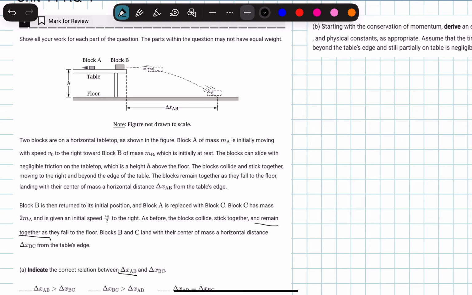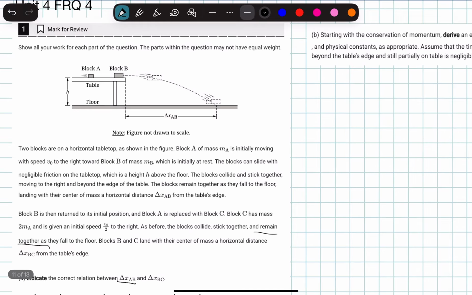So, what we know is that after the collision, the blocks leave the table horizontally, and the time to fall depends only on h.